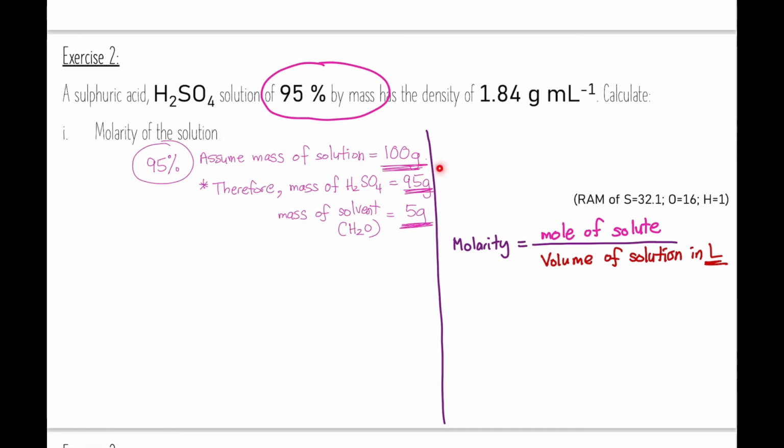This is the assumption that we need to make in order to answer this question, because no mass is given in the question. Now we have the mass of sulfuric acid, so we can calculate the mole of solute from this mass. Mole of solute, which is our H2SO4, is equal to the mass divided by molar mass.